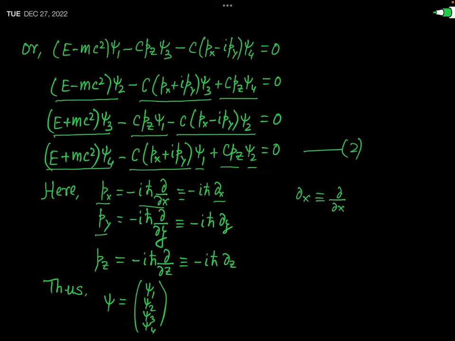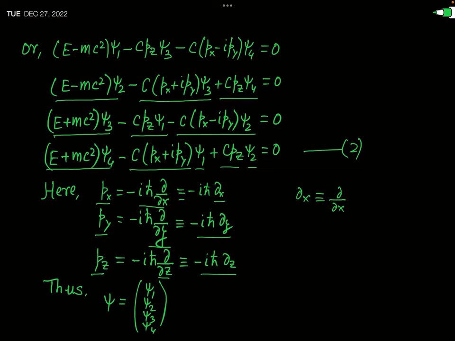And py is equal to minus I h bar del by del y, which can be written like this, minus I h bar del y, and pz is minus I h bar del by del z, which is equivalent to writing minus I h bar del z. And actually in this equation, this psi, as you have learned, is just a 4-component column matrix, okay.